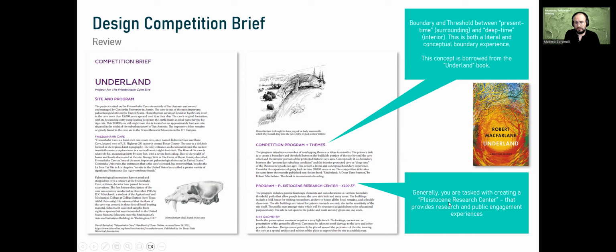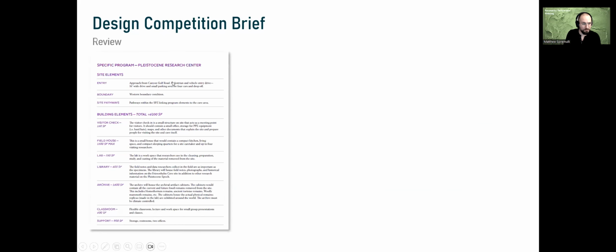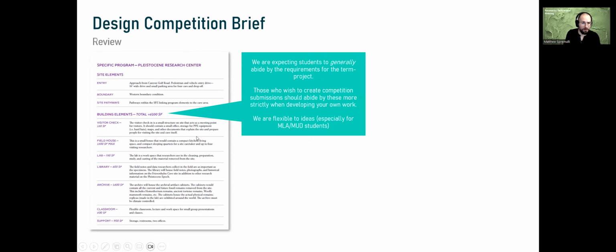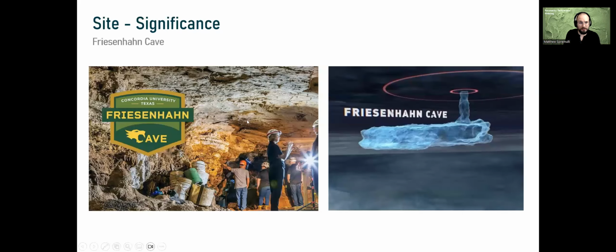So yeah, the idea was that they would come up with a Pleistocene, short for Ice Age, research center that provides research and public engagement. And they gave us all these requirements, and we were very flexible for MLA and MUD students at the time. But just to give you a little more detail, we had this Concordia University site of the cave.